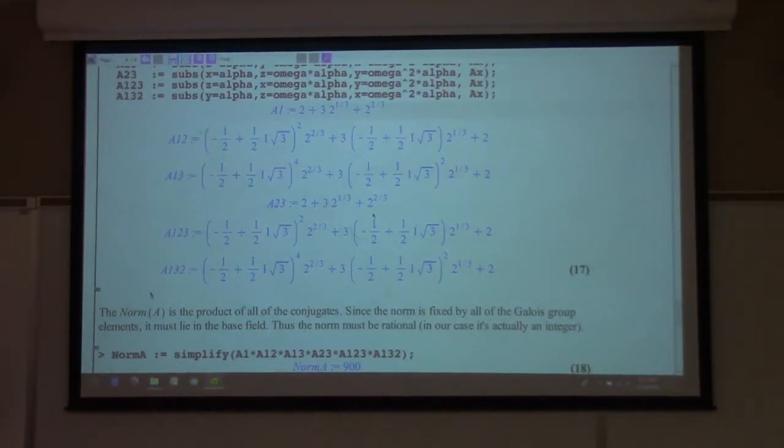If you hit that with any automorphism in the Galois group, sigma 1 through 6 just get mapped to sigma 1 through 6 again, as permutations, right? That means that the norm, the product of A and all of its conjugates, has to be fixed. In other words, it's in the fixed subfield. So it has to be rational. But in this case, it actually has to be an integer.